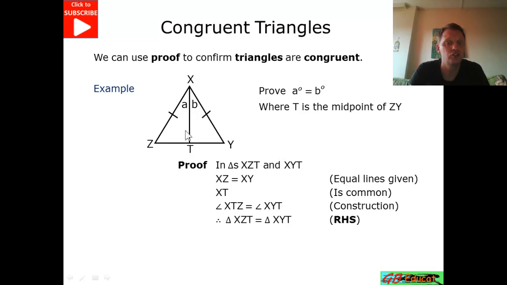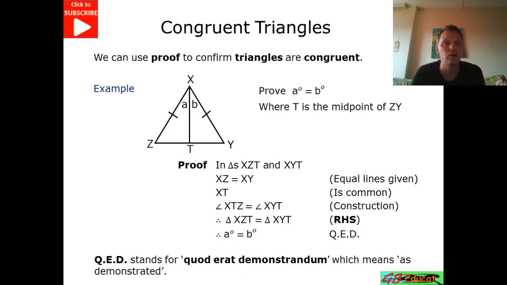In which case, triangle XZT must be the same as triangle XYT because of right angle hypotenuse side. So angle A must be equal to angle B because all the angles within these triangles will be equal because they are congruent. I've used this term QED, but this is just a posh way of pretty much saying as demonstrated, as shown.